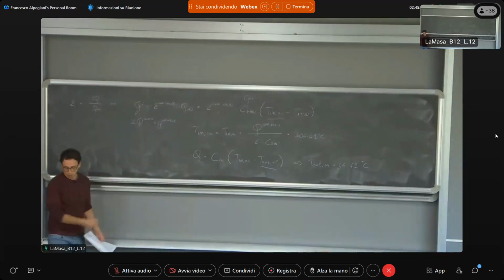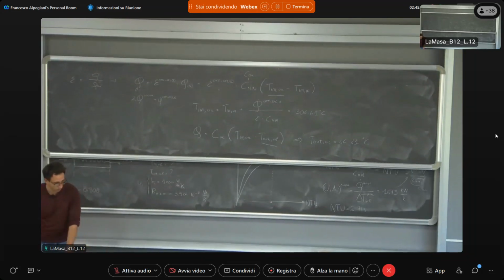Then we can proceed with the third question. So repeat the previous calculation, taking into account the variation of the overall heat transfer coefficient originated by the variation of the water velocity flowing within the tubes.